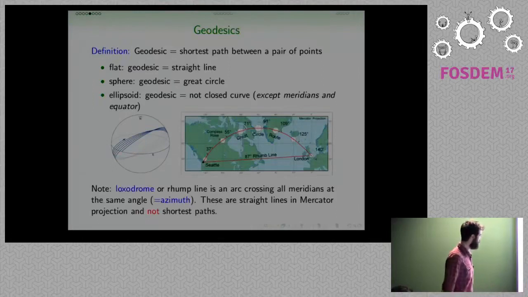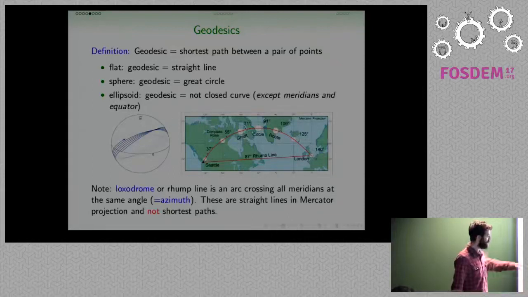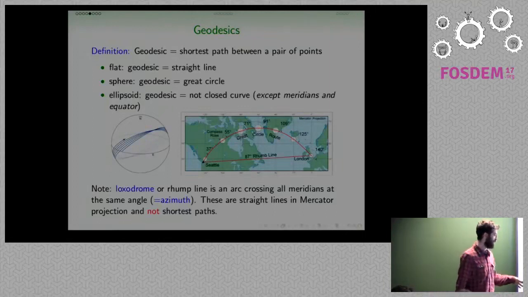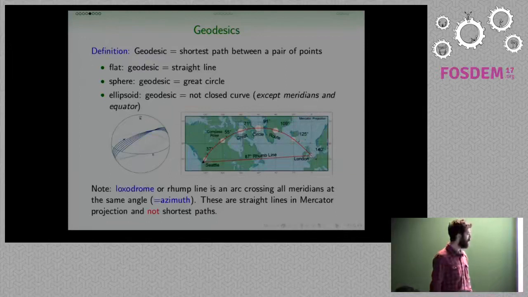Okay, this is just a note that there is also the loxodrome or rhumb line that you can see in maps if you use the Mercator projection. If you draw a line there in such a map, then this is a curve of same angle that crosses the meridians at the same angle or azimuth.